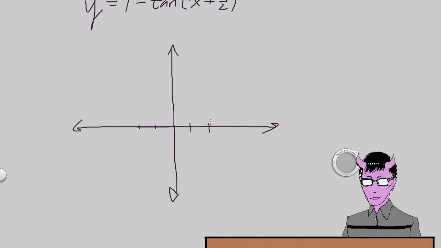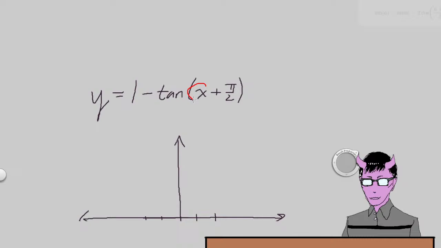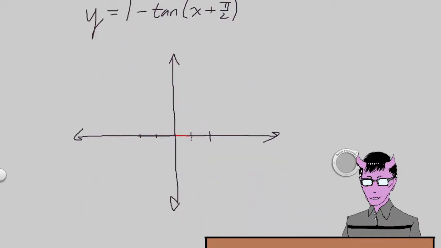That's fine. Do we have any modifiers on the x? No, we don't. So this is standard 0 for the standard position is going to be pi over 2 for the vertical asymptote. So vertical asymptote number 1 is at the default pi over 2 position.